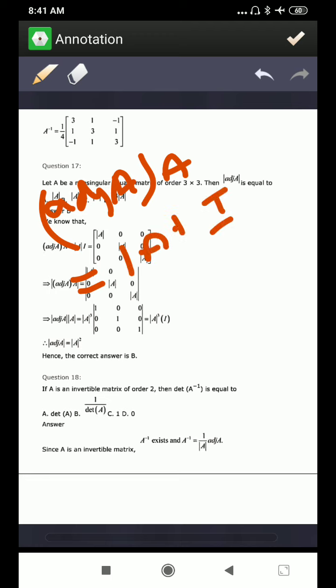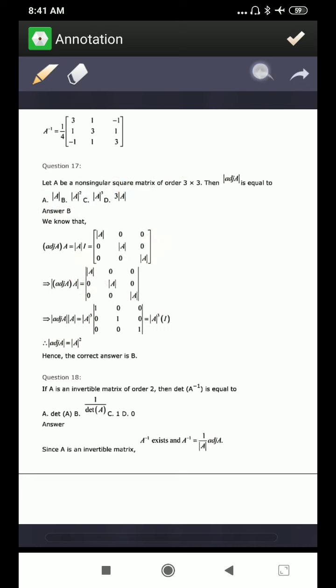So adjoint of A into A is equal to determinant of A into identity matrix. Determinant of A into identity matrix means all the elements of the identity matrix are multiplied by determinant of A.